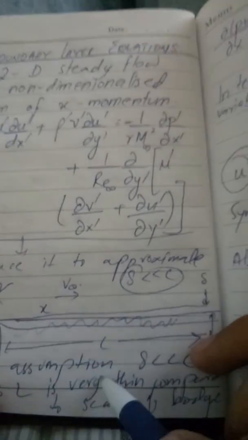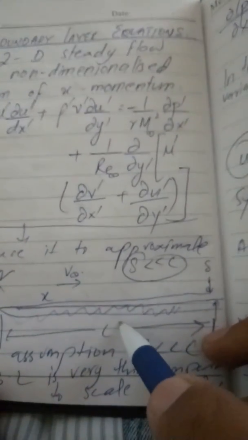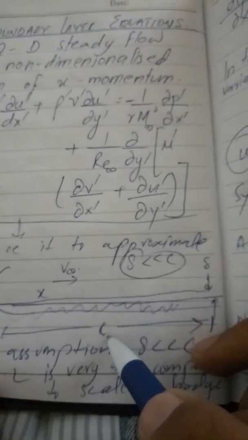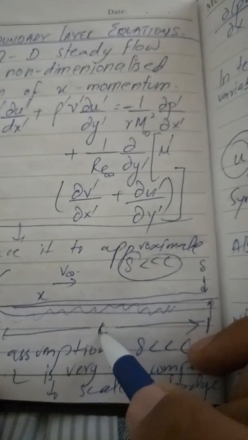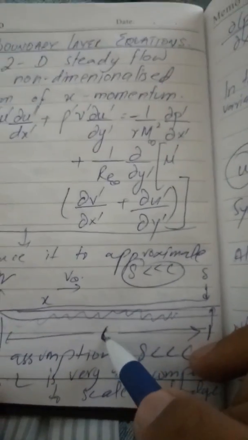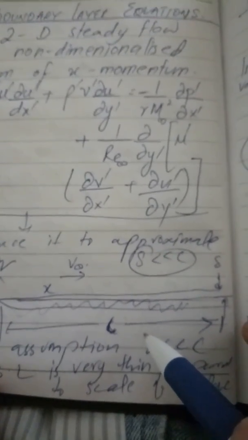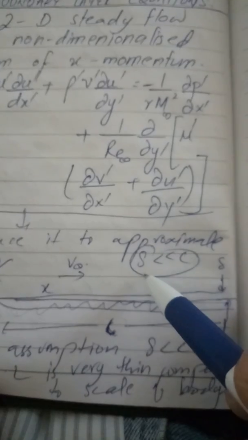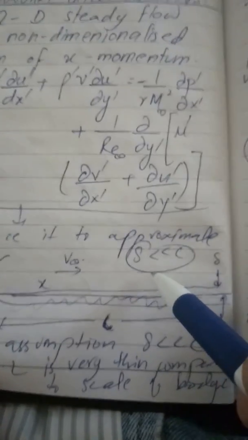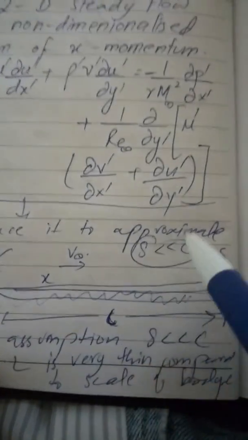The scale of the body is represented by c, the whole length of the body. So obviously the boundary layer is very small compared to the whole shape of the body. That's understood, that's not a problem.